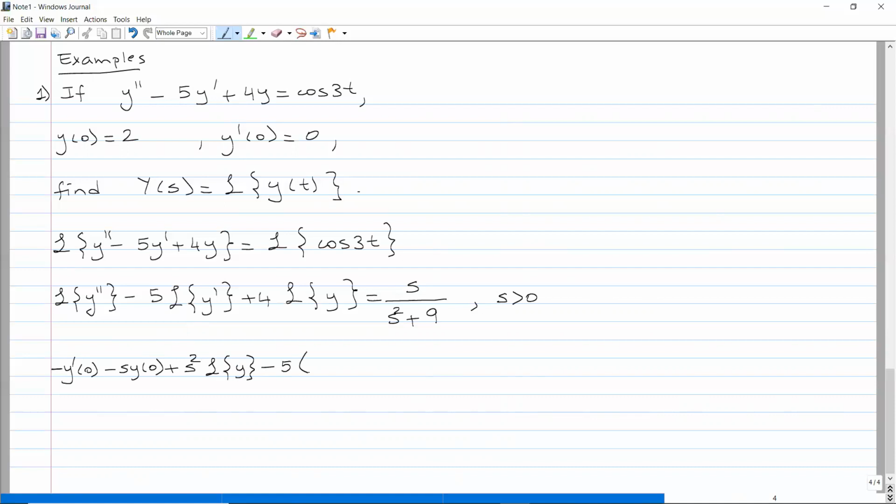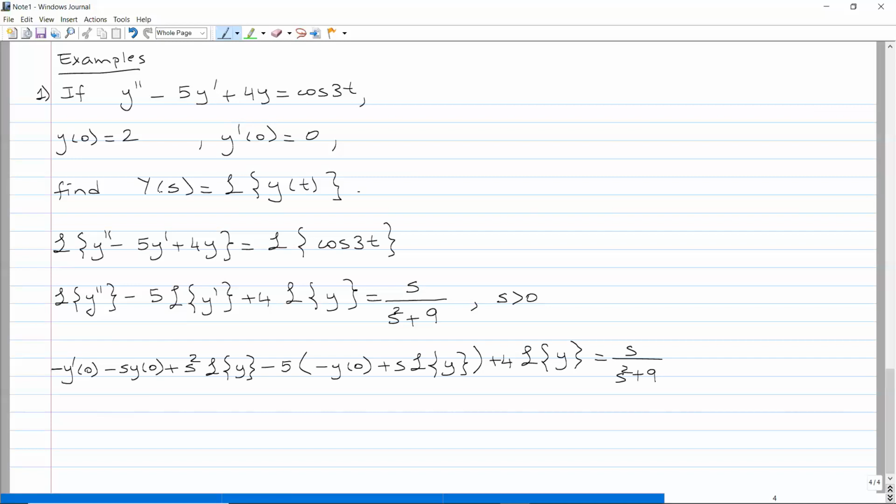Minus 5 times, and what is the Laplace transform of y prime? Minus y0 plus s times Laplace transform of y, plus 4 times Laplace transform of y equals s over s squared plus 9.